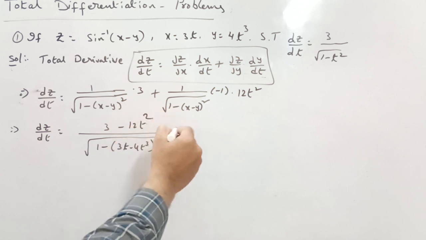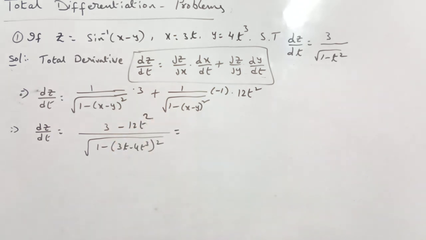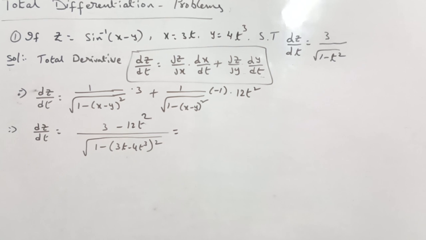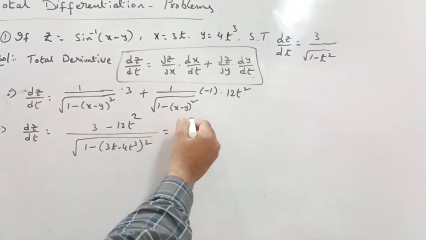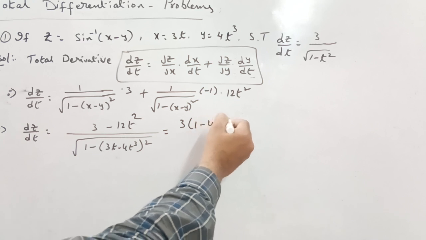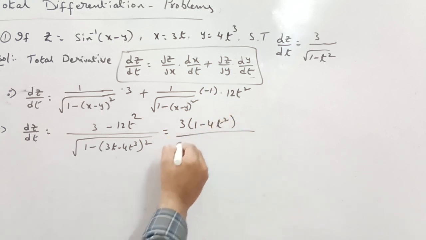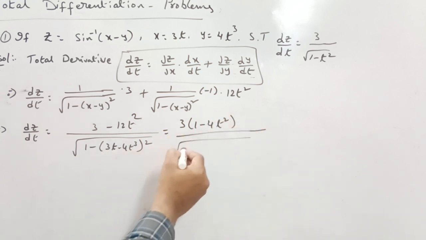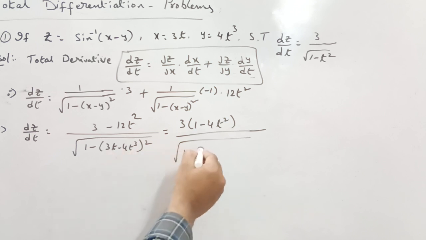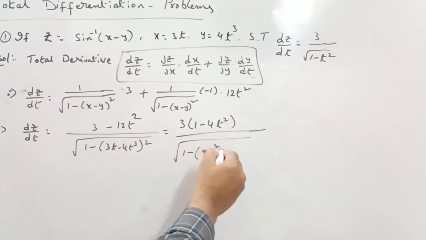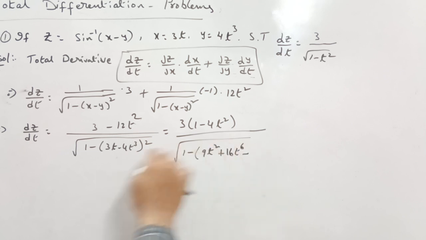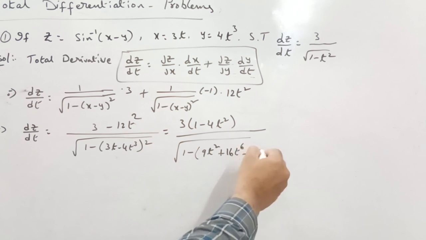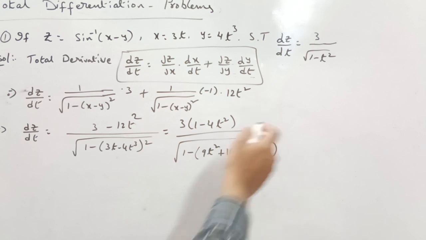So now this is equal to, one second. 3 minus 12t square, take 3 common, 3 into 1 minus 4t square, by, here expand it. 1 minus (a minus b) whole square, a square plus b square minus 2ab, 3 times 4 is 12, 24t power 4, correct?